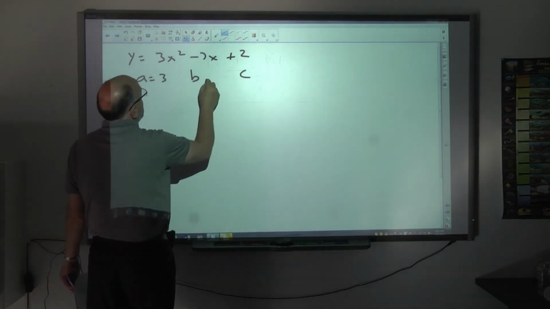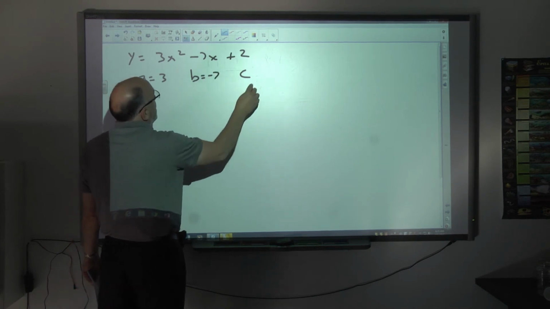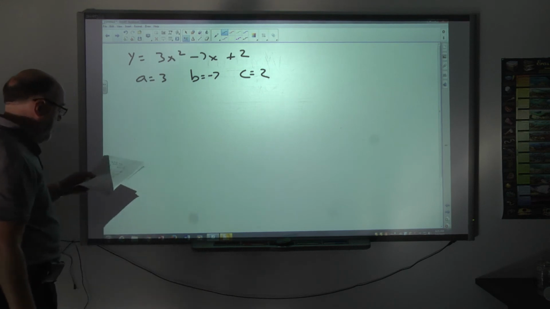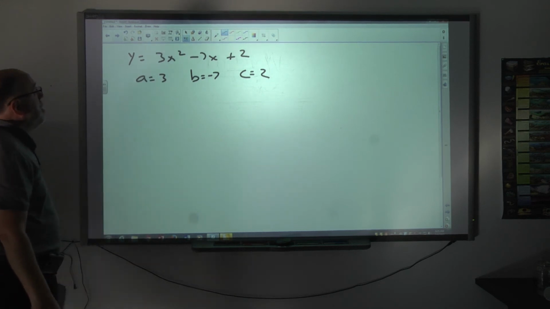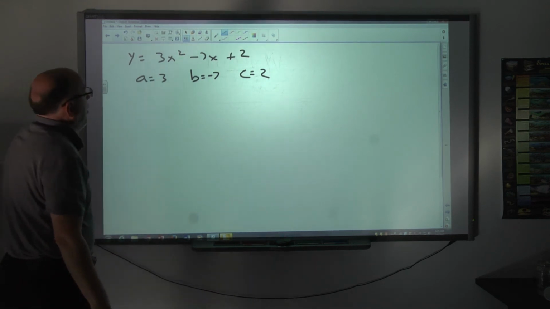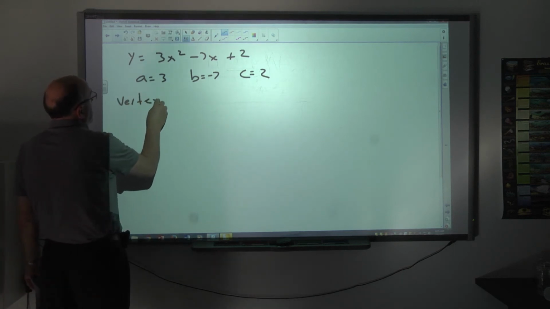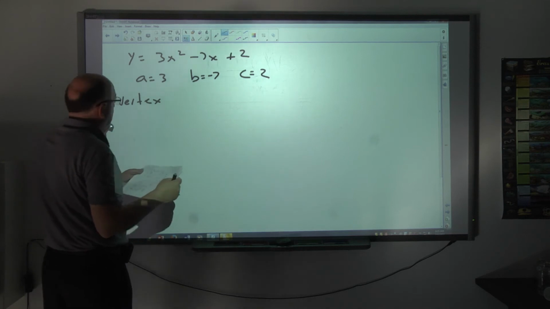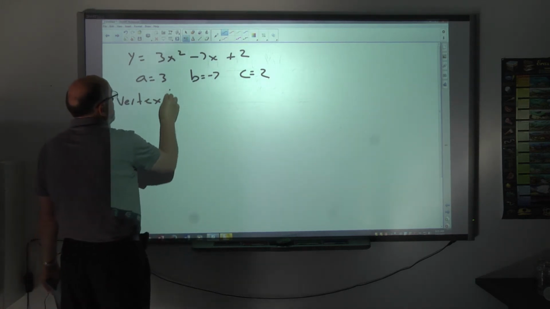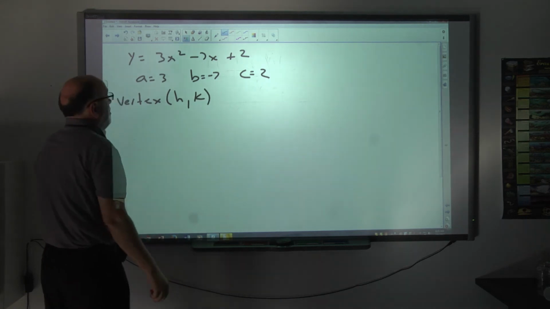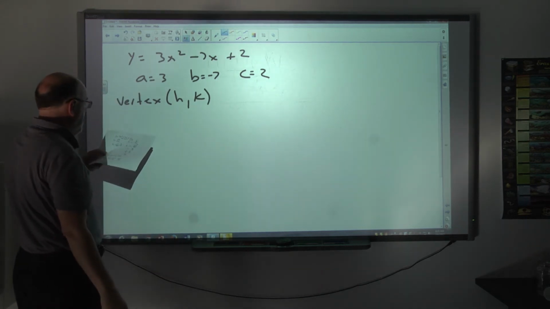B is the number in front of the x term, which is negative 7. And c is my constant term, which is 2. Now, for the vertex (h, k), this equation is not in that other form, but we can still figure out the h and the k.